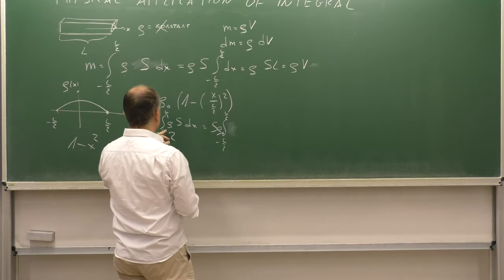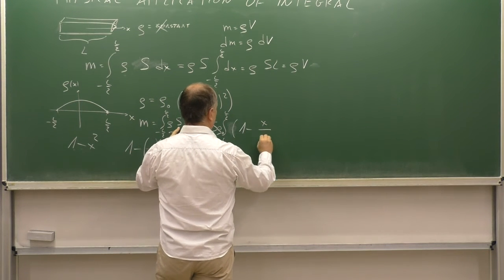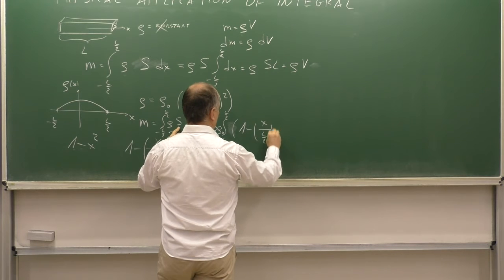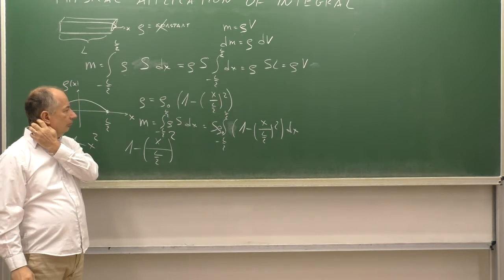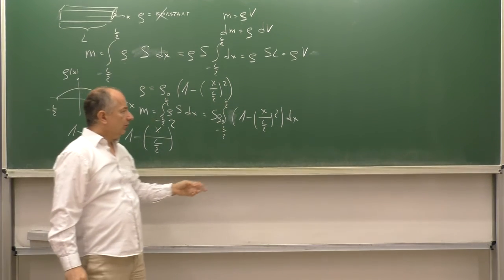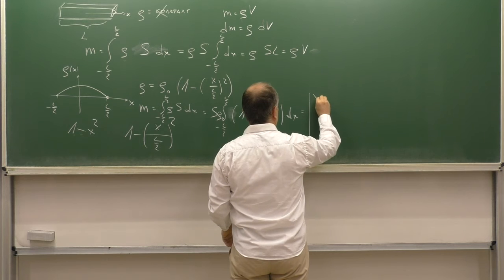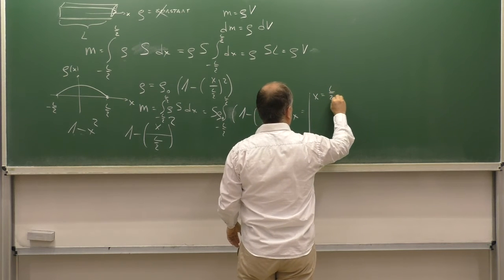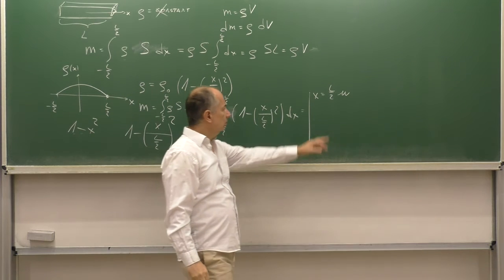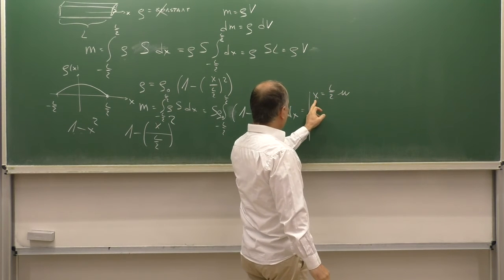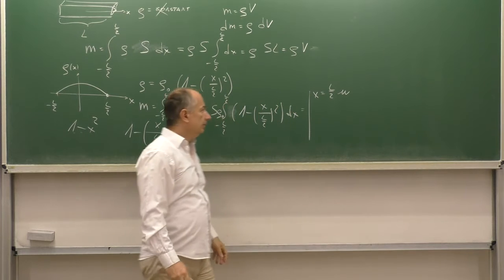Rho 0 can be factored out as well, and we have the bracket 1 minus (x divided by L half) squared dx. At this point, substitution is useful, namely x is L half times some dimensionless variable u. If L and x are in meters, then u is dimensionless.